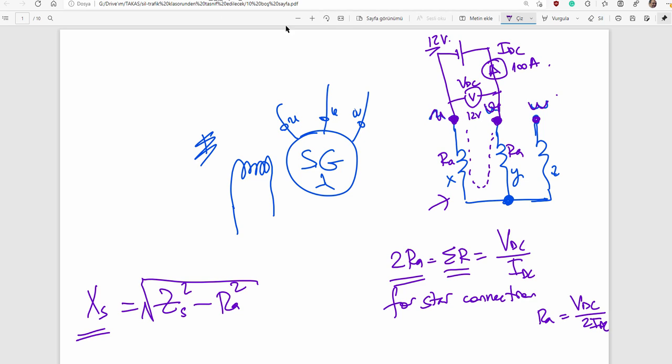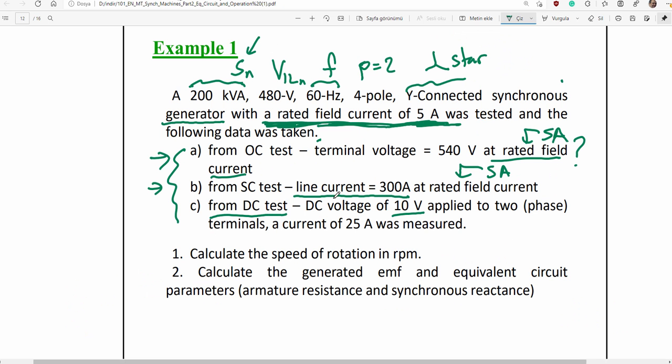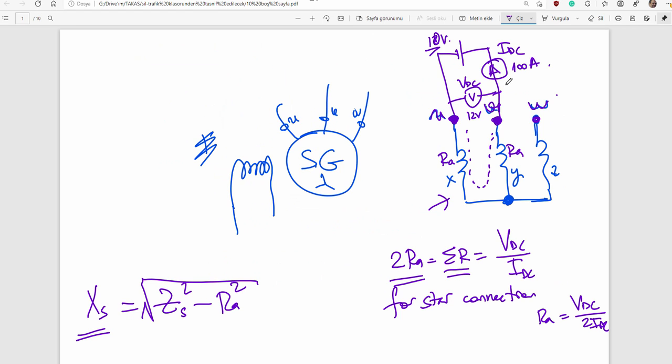Here it is 10 volts, and then a current of 25 amps was measured. Here is 25 amps.